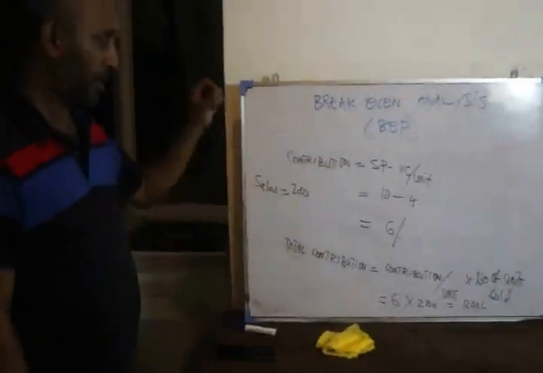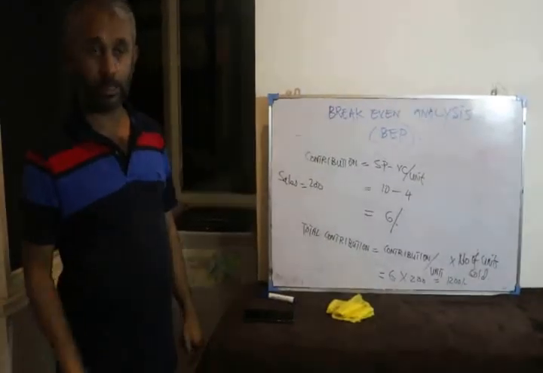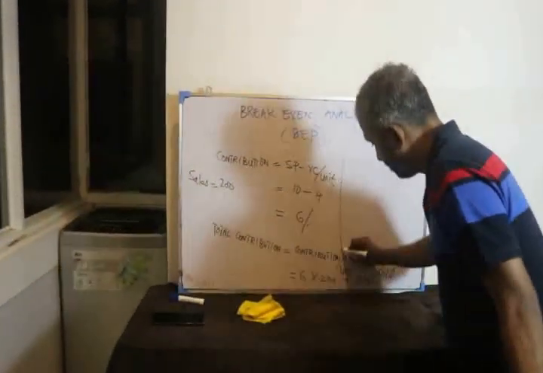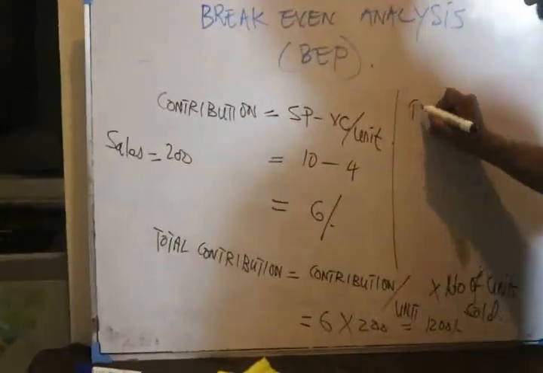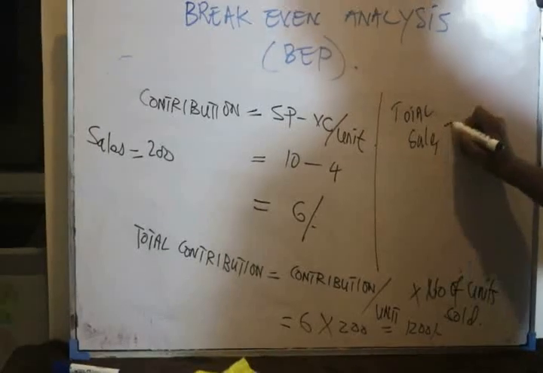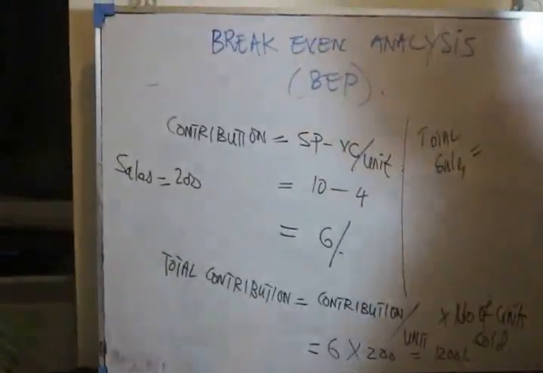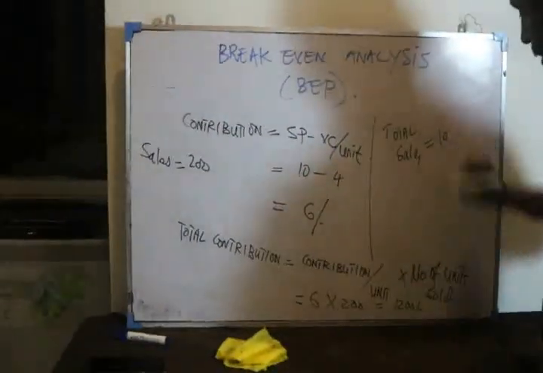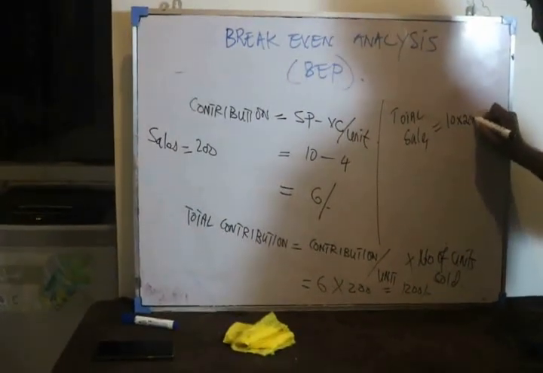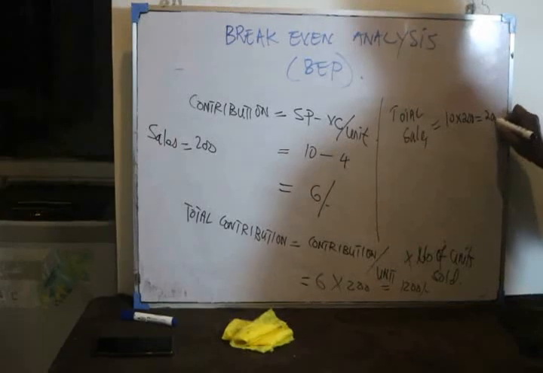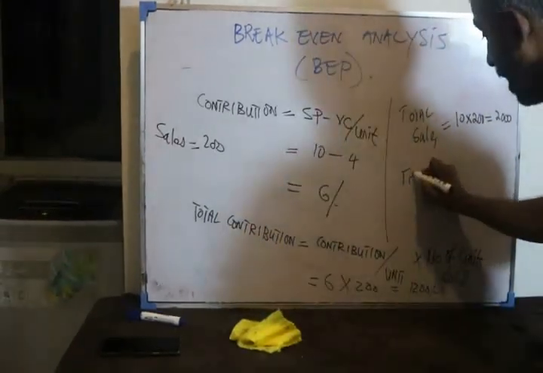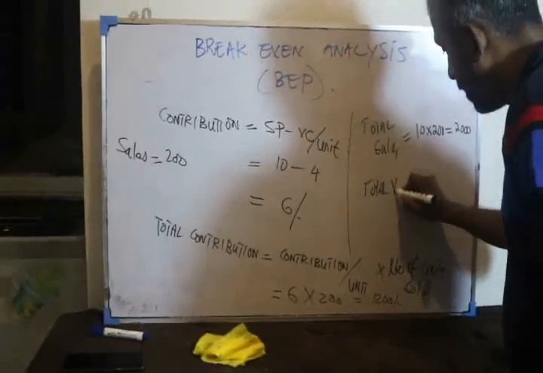We can also alternatively calculate the total contribution in a different manner. How? Please follow me. We need to have the total sales. We know that the selling price is how much? $10. And number of units we sold? 200, amounting to the total sales of 2000. Then we need to have the total variable cost.